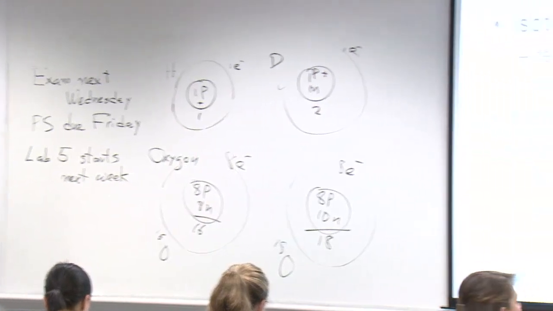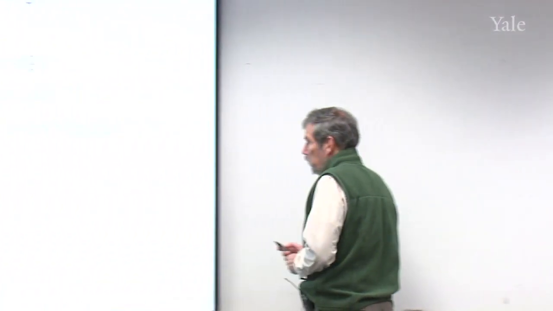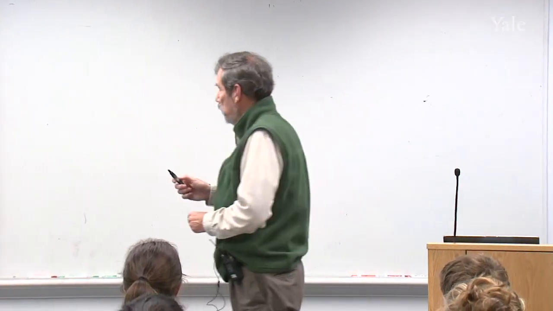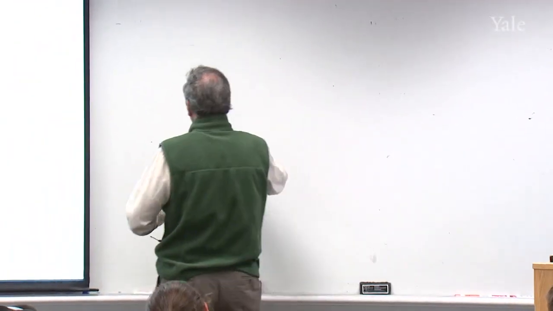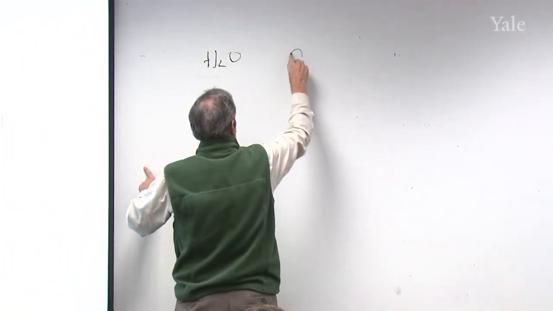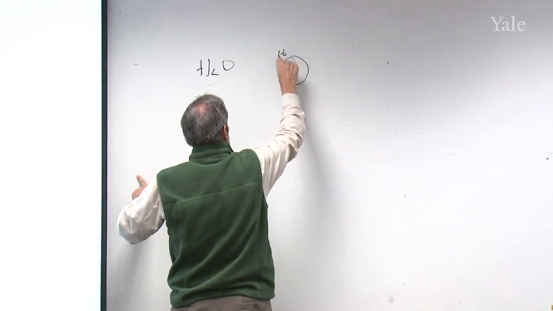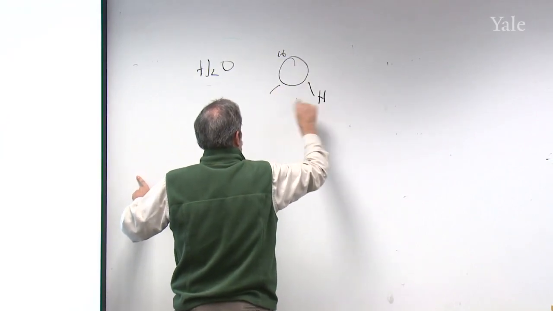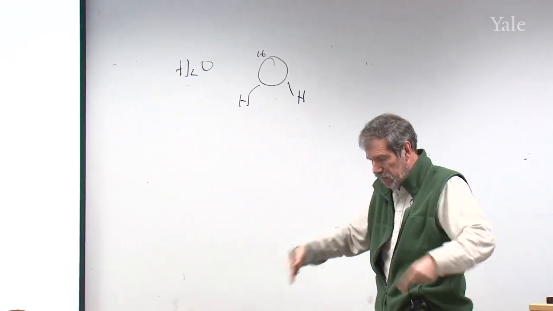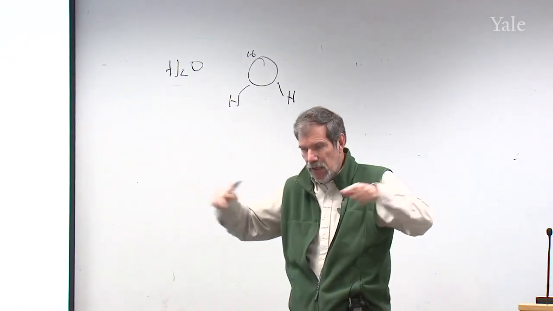Now we're interested in water. So the question is, what water molecules can we make from these isotopes? By far the most common would be normal H2O, which would have oxygen 16 plus 2 hydrogens coming off it. Water vapor has a dihedral shape. It's not a linear molecule.